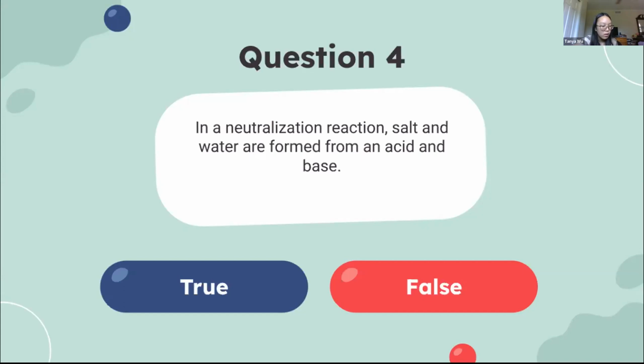The hydrogen from the hydrogen ion and the hydroxide make water, and then the salt is just like the other thing that's being made.